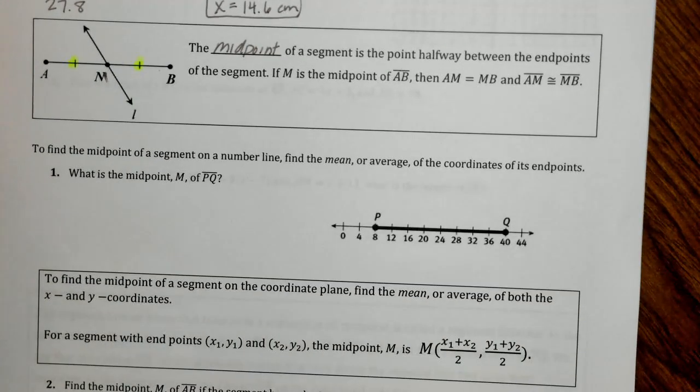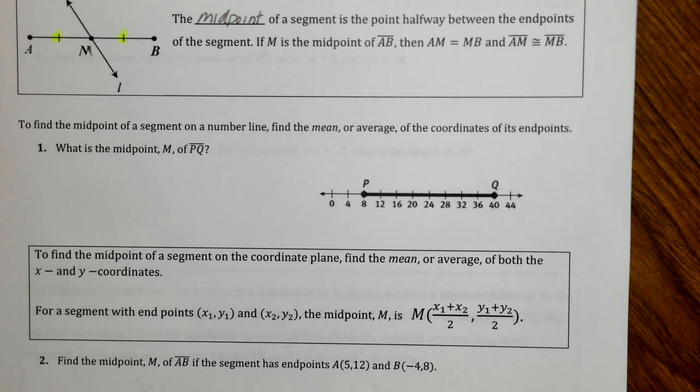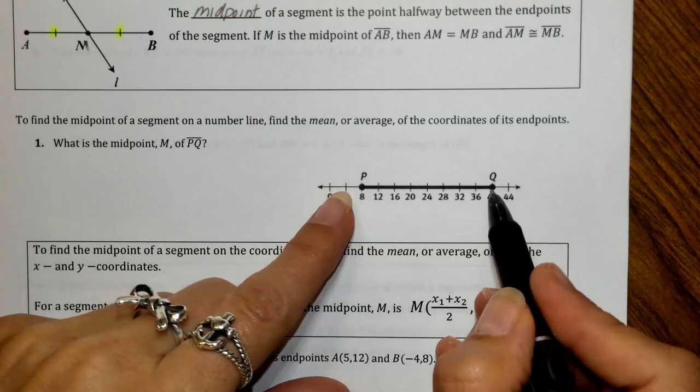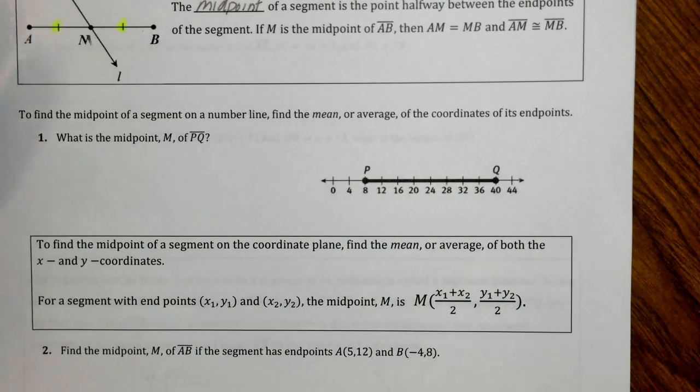So let's take a look at this first one here. We've got to find the midpoint of a segment on a number line. Find the mean or average of the coordinates of its endpoints. You can do this a couple different ways, going toward each other, but what we want to do is practice that average.